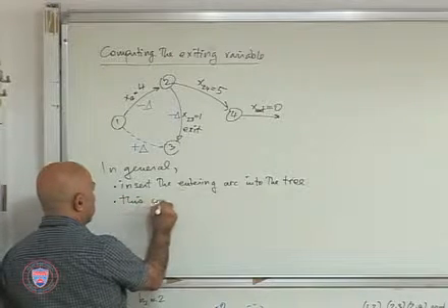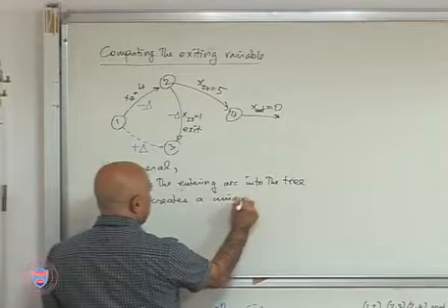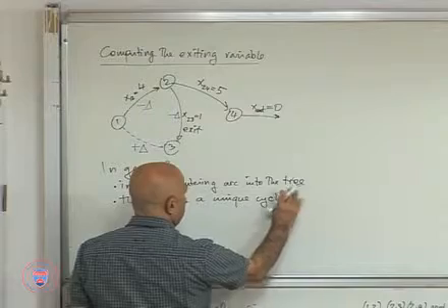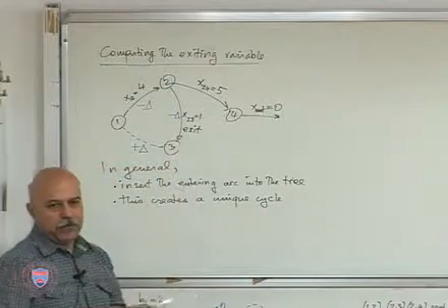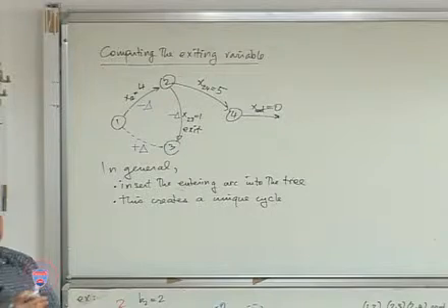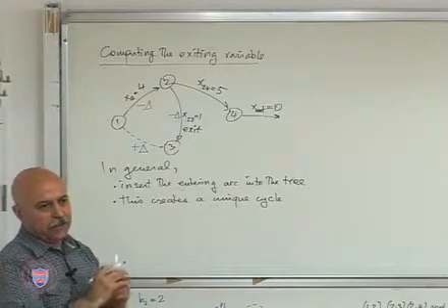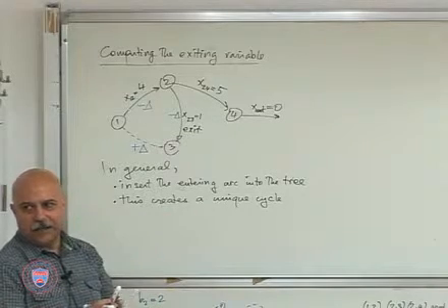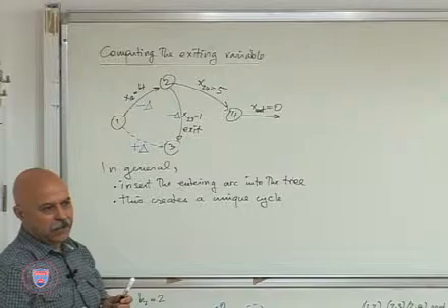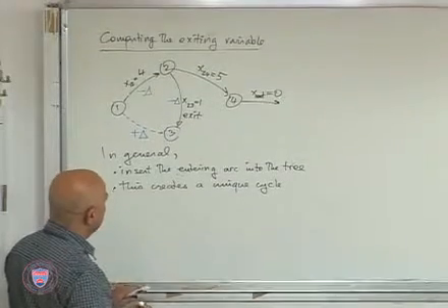This creates a unique cycle in the new subgraph, which includes the old tree plus the new entering arc. Okay? Why does it create a unique cycle? Because the old one did not have any cycle. When you inserted an arc, it creates a cycle. That's one of the properties of trees. Okay?